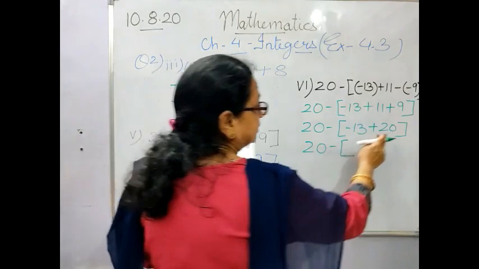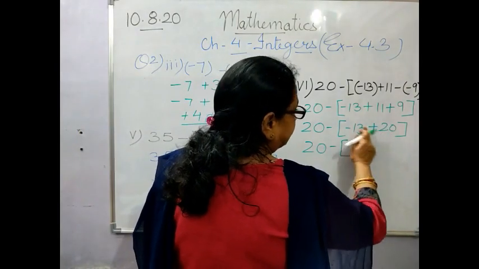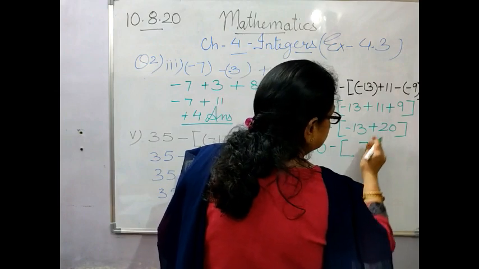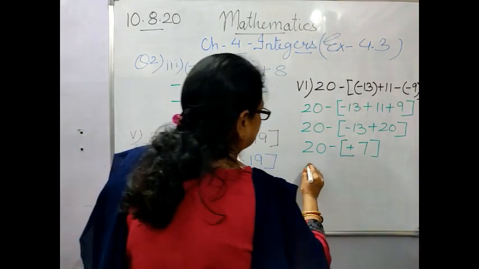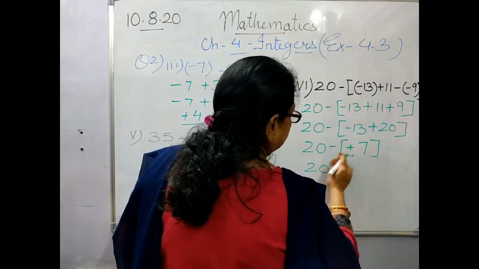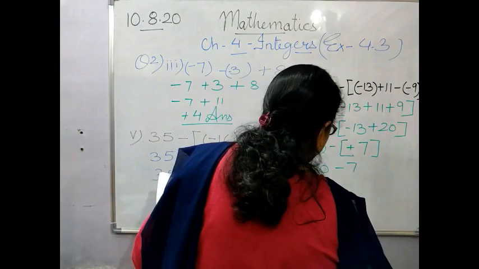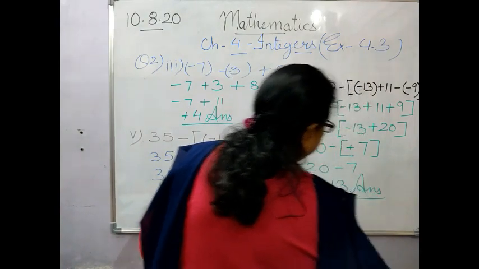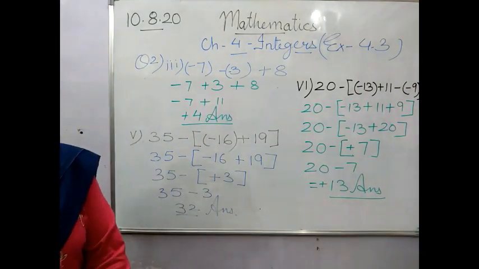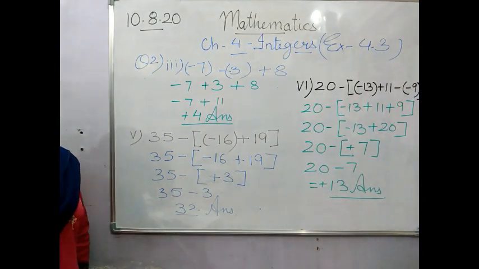So we'll subtract 13 from 20, so it will become 7, and since it's plus, now solve it. Plus minus minus, so your answer will be 13. Clear? Have a look.